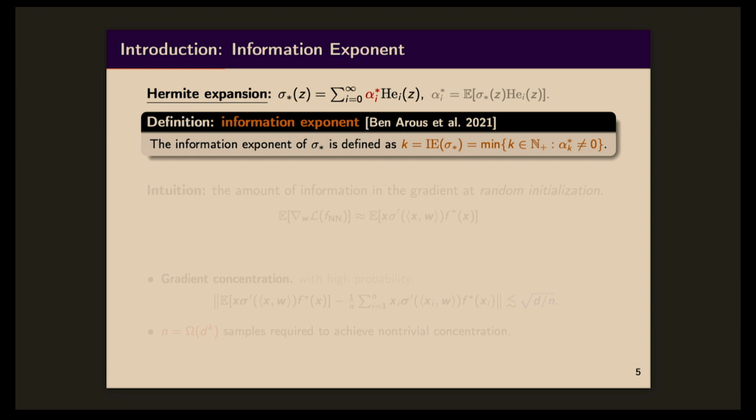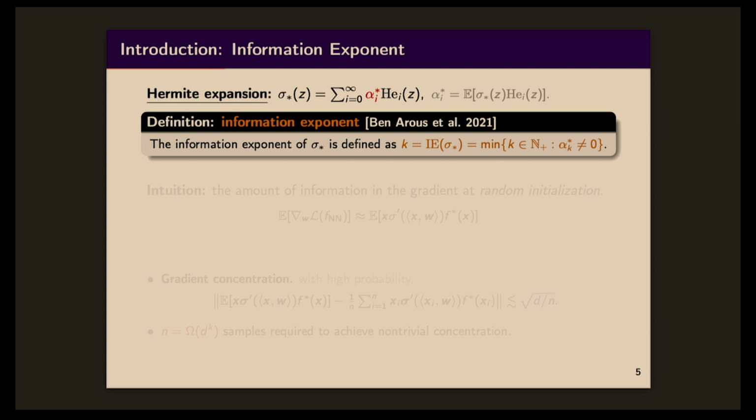Because we're working with Gaussian data, we can expand this link function sigma star using the Hermite polynomials. So we get a bunch of Hermite coefficients alpha_i star, and the information exponent of the link function is defined as the index of the first non-zero Hermite coefficient of my target link function.